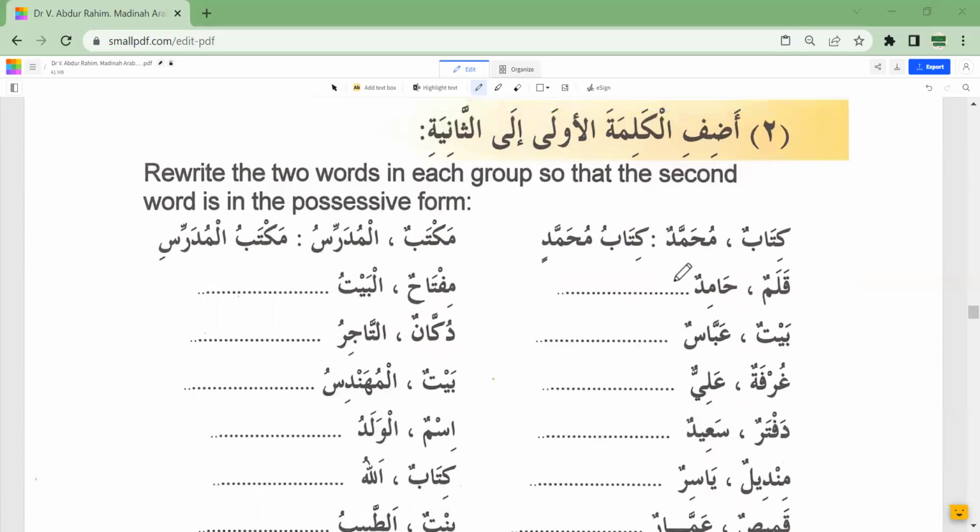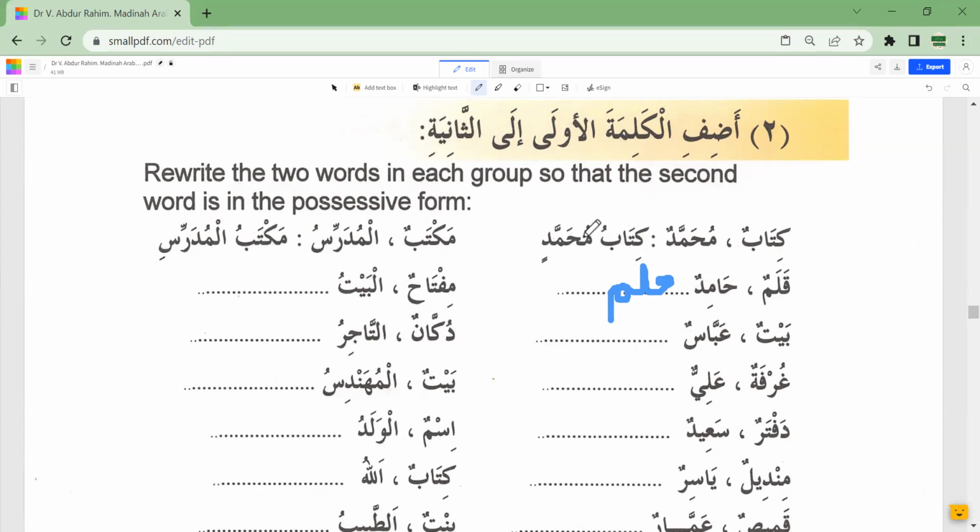Assalamualaikum. Walaikum salam. Qalamun Hamidun. Qalamu Hamidin. Yes, qalamun and Hamidun, and we have to make it into a murakkab. So, Murakkab Idaafi means that it is a possessive form. There's belonging.